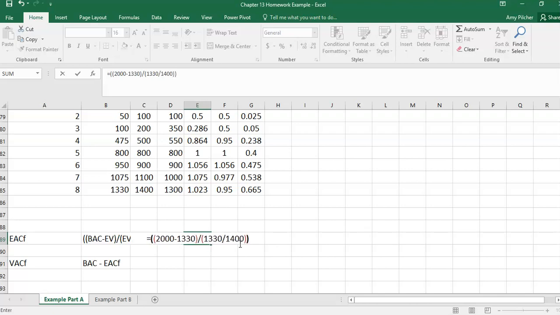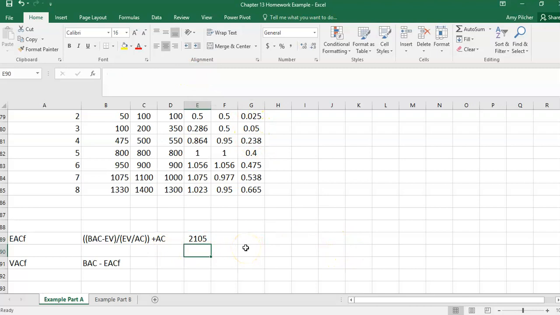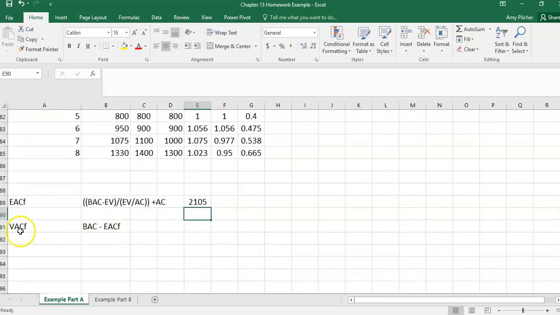And then we're going to add all of that to 1,400. So the current amount, oh, I missed a zero. There we go. Our current amount is $2,105.